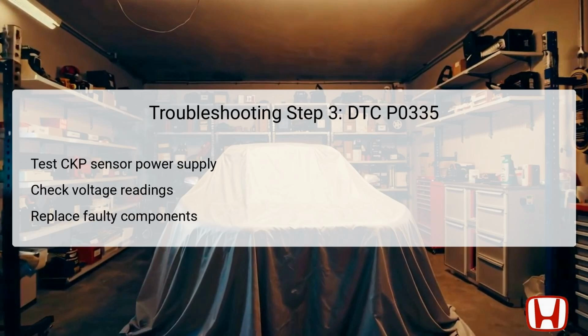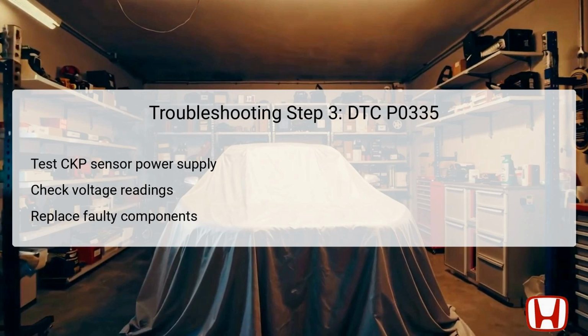The next crucial step involves testing the CKP sensor's power supply to ensure it receives adequate voltage and current necessary for operation. Using a multimeter, check the voltage readings at the CKP sensor. The supply should typically reflect 5 volts or 12 volts, depending on the circuit design.